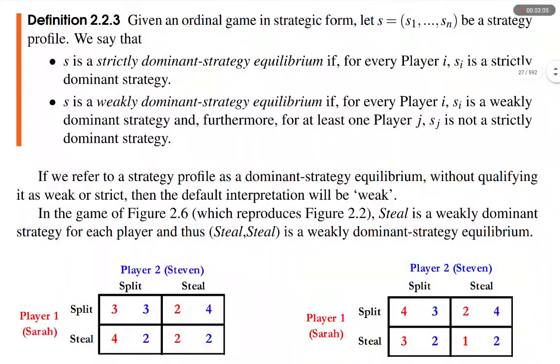Definition 2.2.3. Given an ordinal game in strategic form, let s = (s_1, ..., s_n) be a strategy profile.